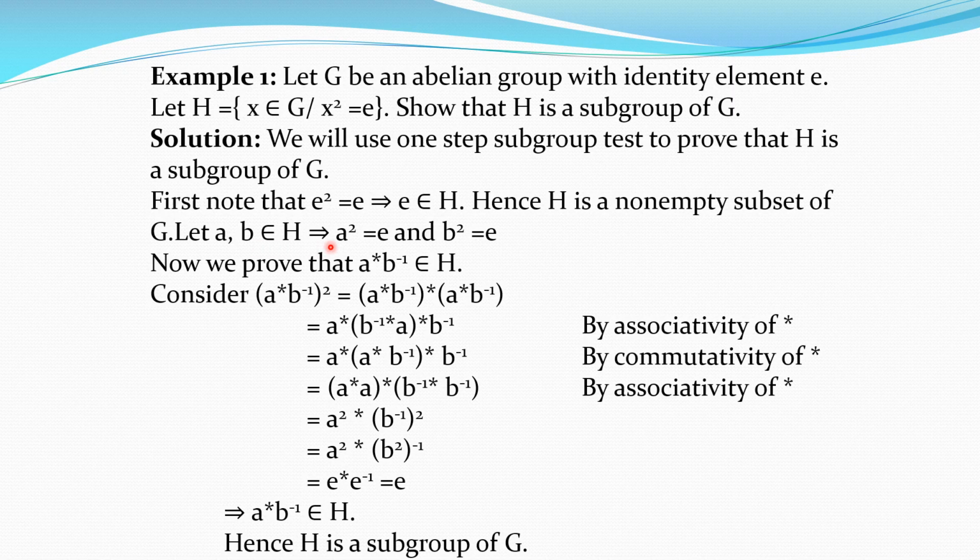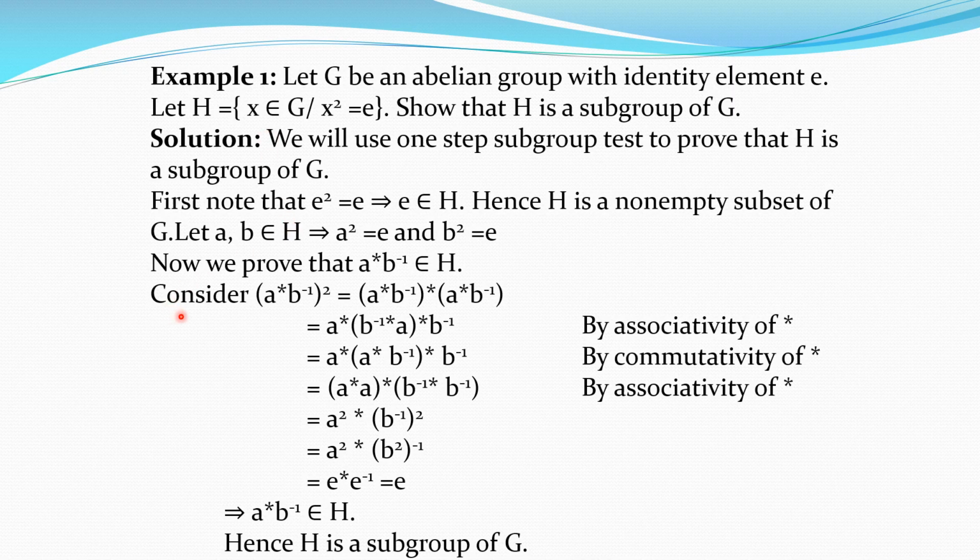According to the one-step subgroup test, we have to prove that A star B inverse is present in H. As A and B are elements of G, A star B inverse is an element of G because G is a group. So the only thing is that (A star B inverse) raised to 2 is equal to identity. That part we have to show.